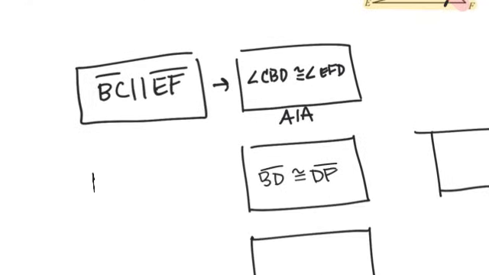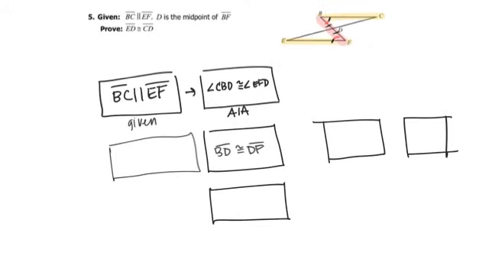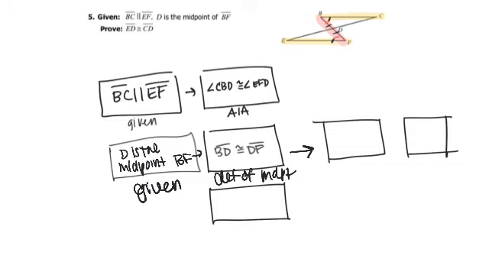I forgot to put it out here. So I'll write my given. I'm struggling, working backwards. Okay, D is the midpoint of BF. So it's given. Definition of a midpoint. Okay.